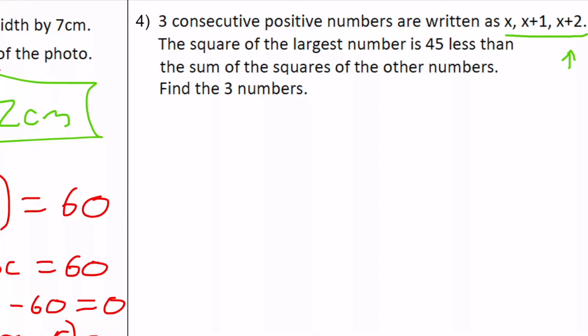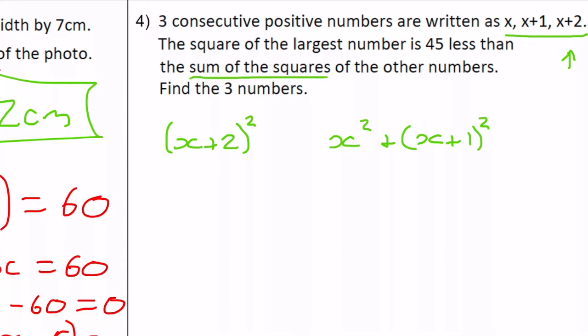Let's start with the first bit, the square of the largest number. So that's going to be x plus 2 squared. Okay, the square of the largest number. It's 45 less than the sum of the squares of the other numbers. So let's square the other numbers. And I've added them together there because we want the sum of their squares.